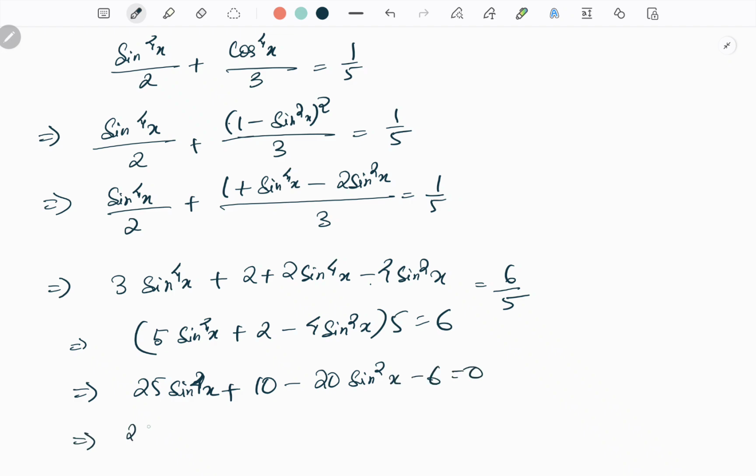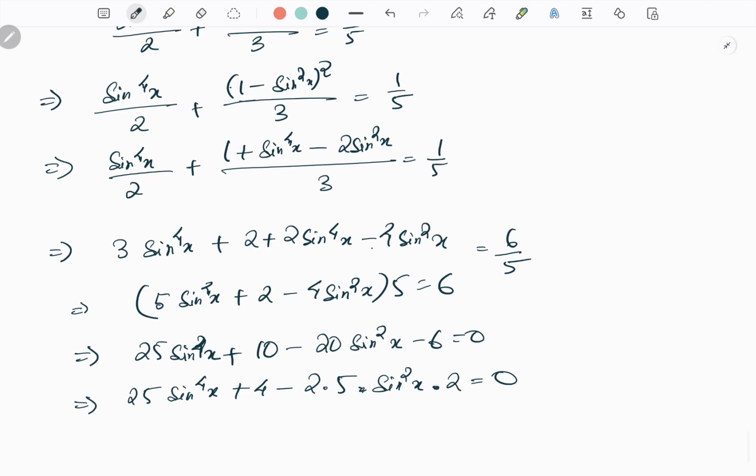So we get it as 25 sin^4 x plus 4 minus 2 into 5 sin^2 x into 2, equal to 0.